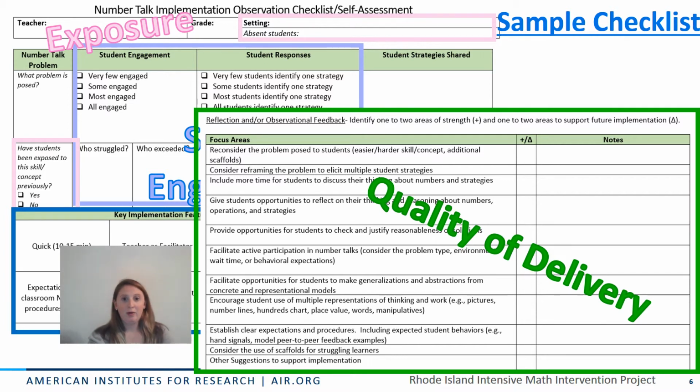For example, some teachers might ask each other, how do you get more students to participate in your number talks? I always seem to have the same students raising their hands to share. Another example, Mrs. Jones, I saw during my observation of your number talks that your students explain using multiple representations. How did you facilitate this?